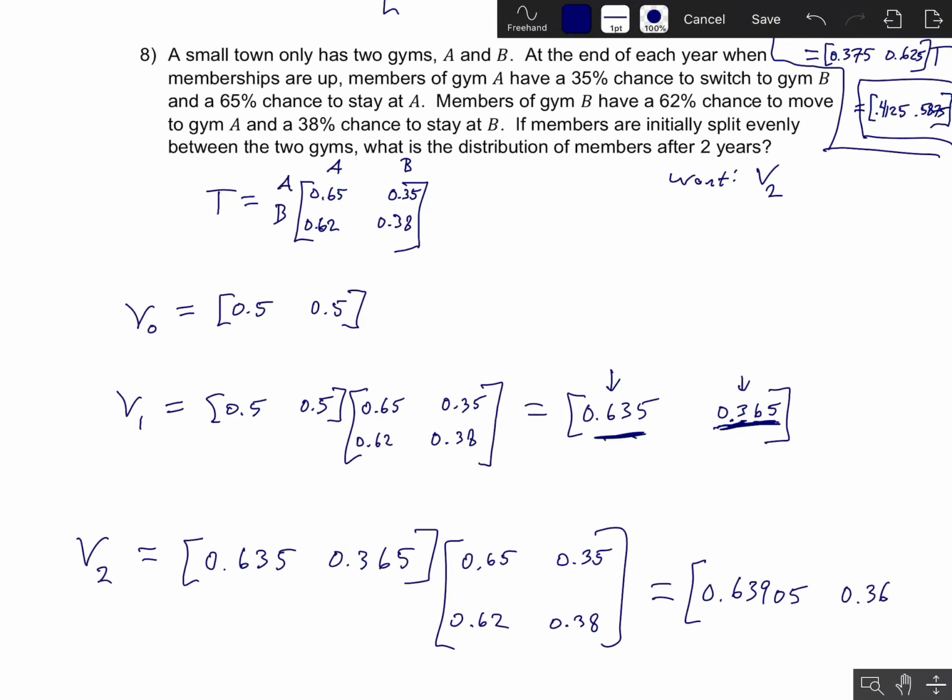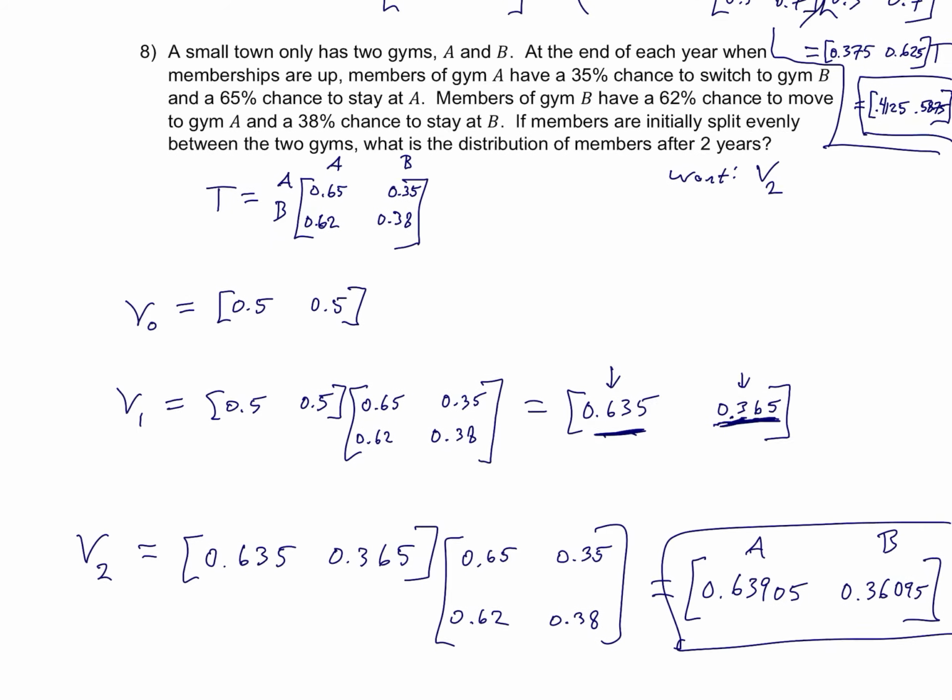Again, I could quickly generate the complementary expression, or I can just compute it explicitly. Either way, this is the distribution after 2 years. Roughly 64% of all customers would be at Gym A, and 36% of all customers would be at Gym B after 2 years.